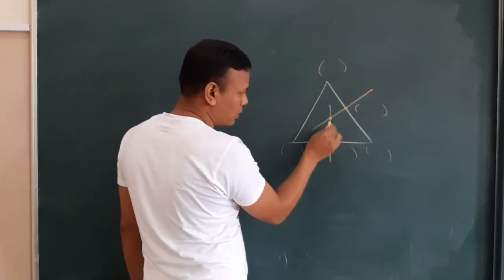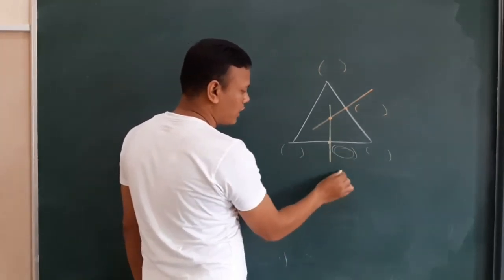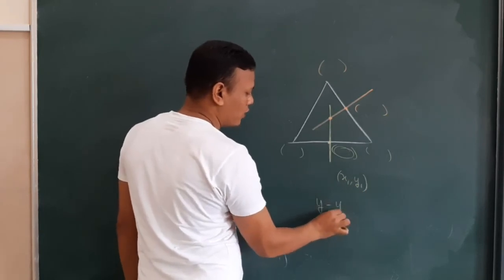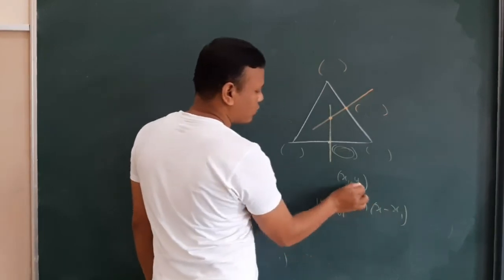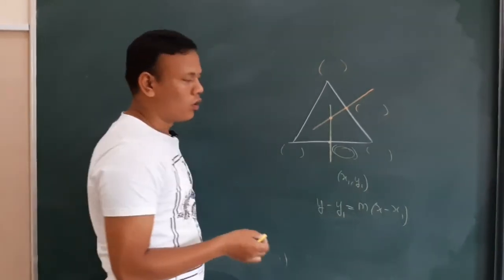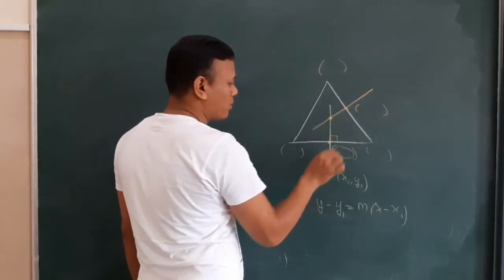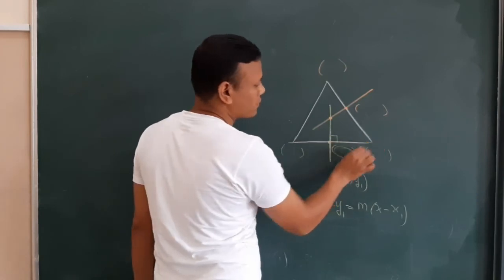We know this passes through the midpoint, so we have our x1, y1 for the formula y minus y1 equals m into x minus x1. We have the values of x1 and y1, but we need the slope as well. We know that this is perpendicular to this side, so find the slope of this side first.